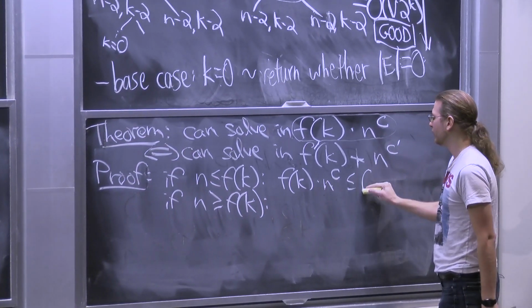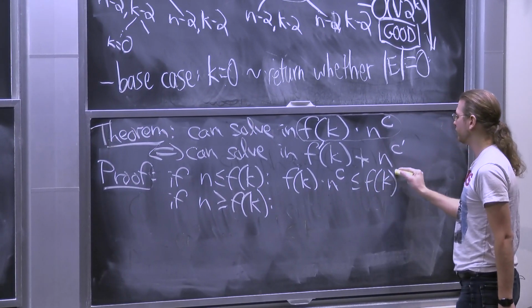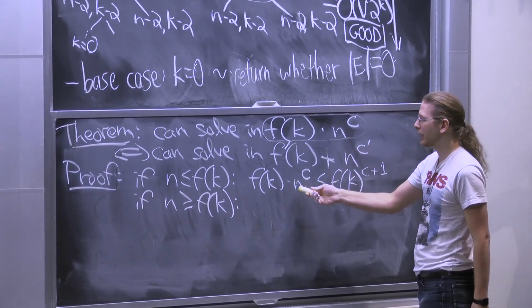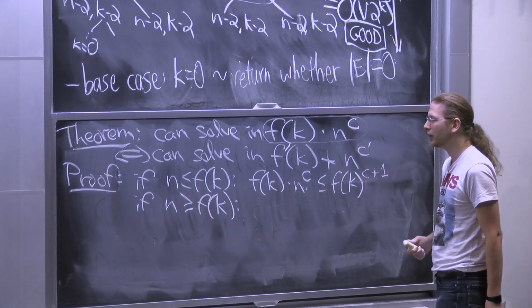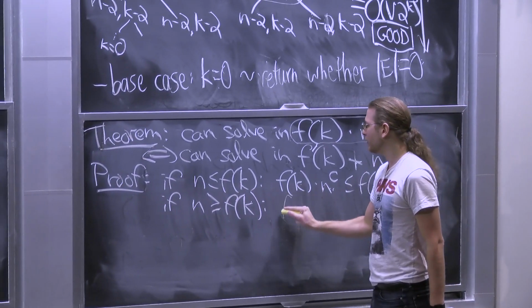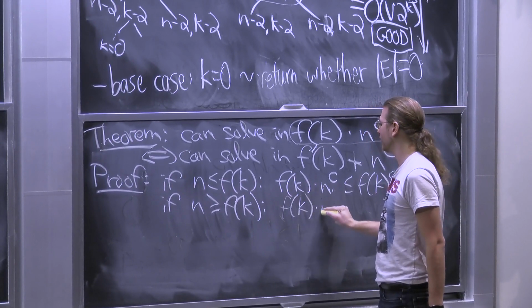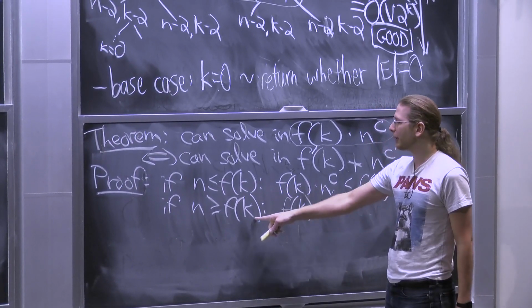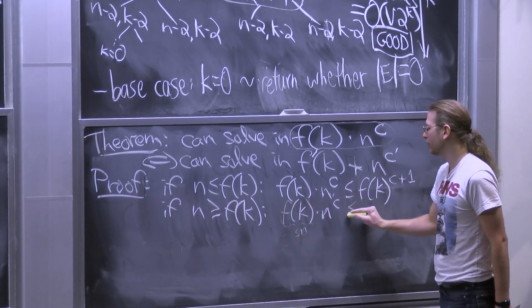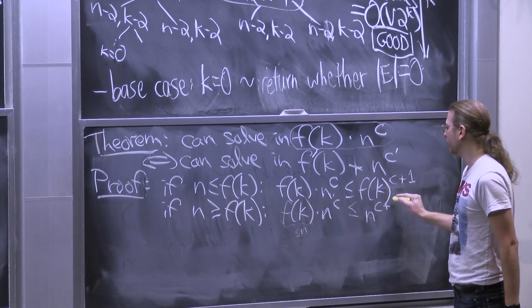So this is at most f of k to the c plus 1 power. I multiply f of k to the c times f of k. When n is greater than f of k, then I know an upper bound on f of k. I know that this thing is at most n. And so this is at most n to the c plus 1.